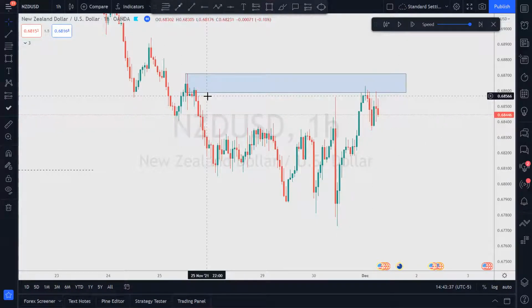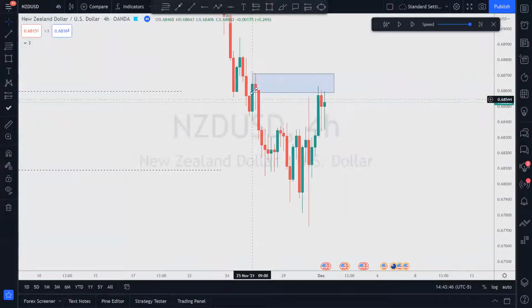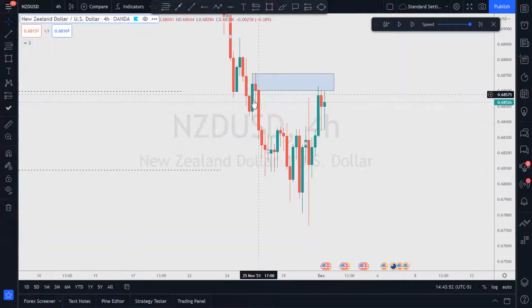On a higher time frame, this might be a 4 hour order block, if I'm not wrong. This is a bigger order block, but where we have it, this is fine. We see that price reacted from there.